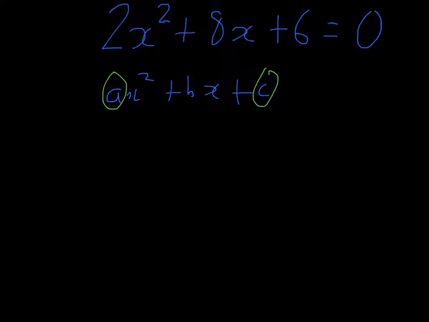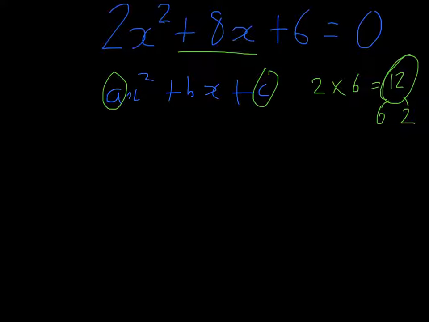So I multiply those two together. 2 times 6 equals 12. In that case, I'm looking for two factors of 12 that add to the middle term. So straight away I can see that it's going to be 6 and 2. They multiply together to get 12, and they add together to get 8.